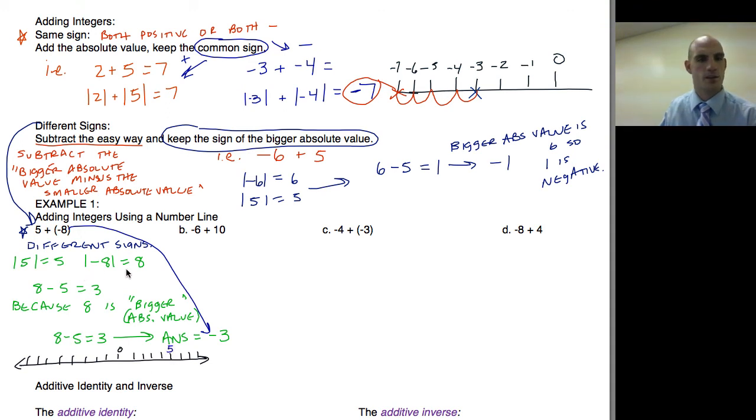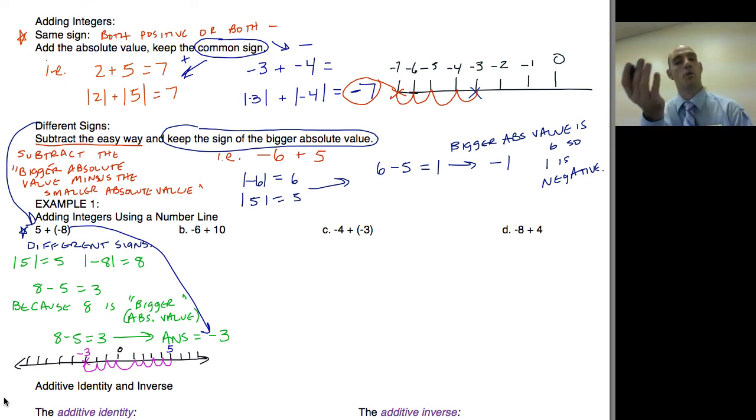So 5 is right here. And I've got -8, so I'm going to move to the left. So 1, 2, 3, 4, 5, 6, 7, 8. So this is where I end up, and that's -1, 2, 3. So this is -3. I can always use a number line to check.